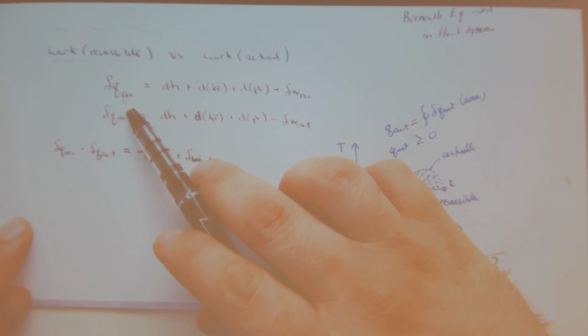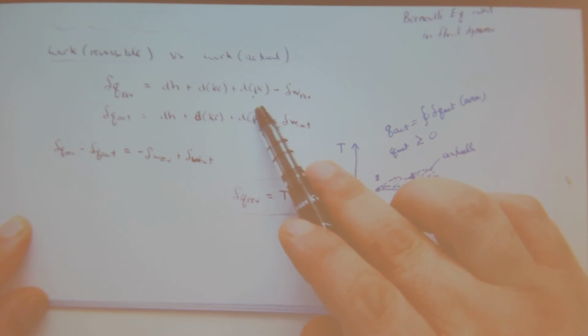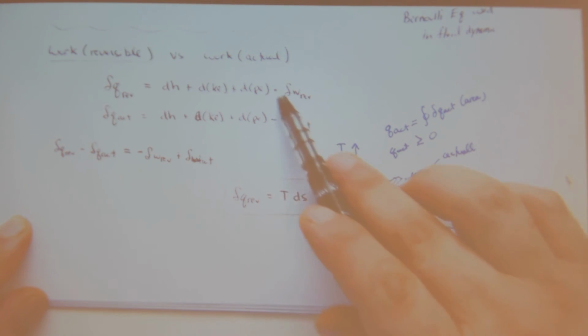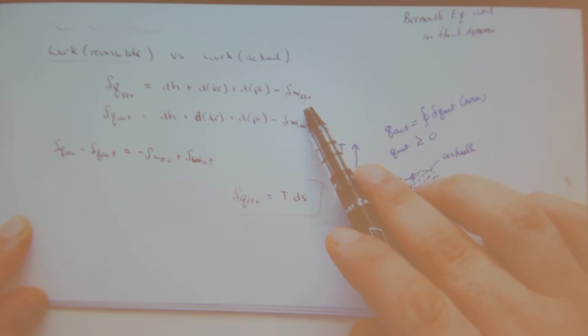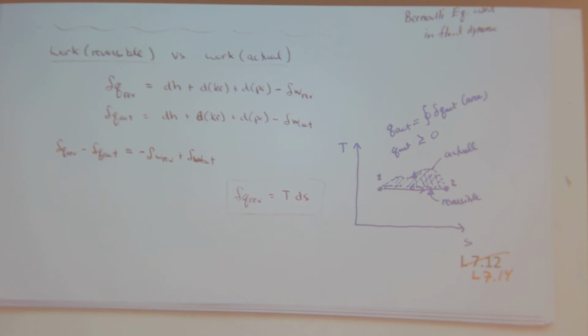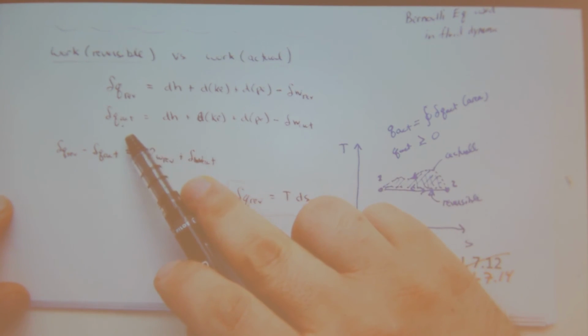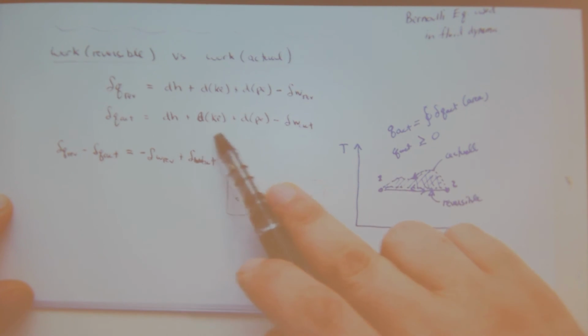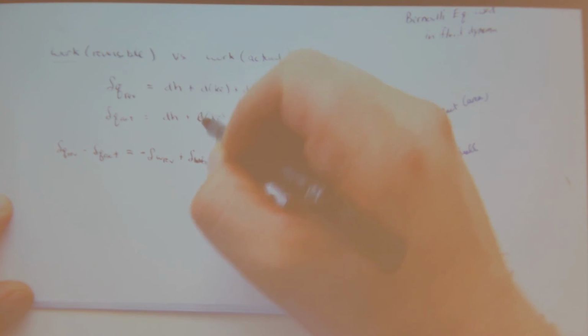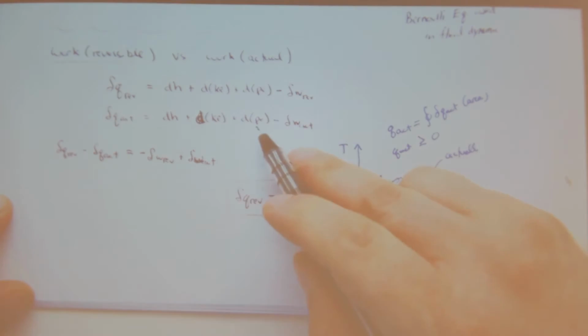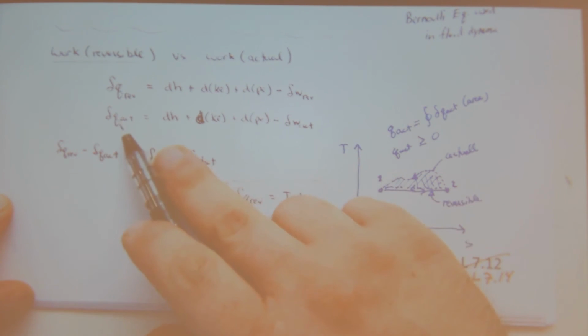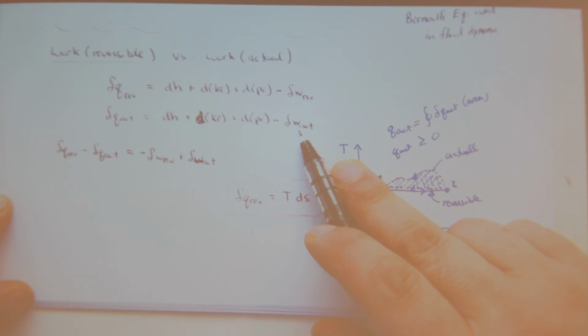So I can define my reversible amount of heat. So dH plus kinetic plus potential minus my reversible part, right? So this is work done on the system. Here I have actual, so dH, kinetic plus potential, and then since this is actual, I have my actual amount of work, right?